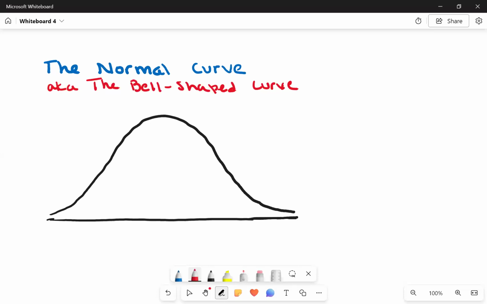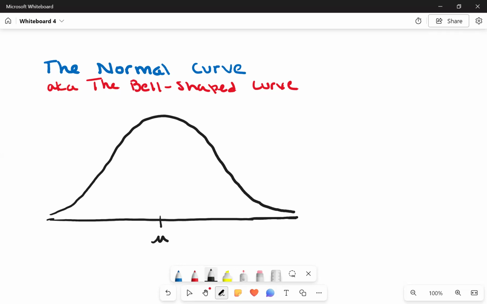Okay, so the first thing I want to point out with the normal curve is that the mean is actually at the center of the curve. So here is where the mean would be, either mu or x bar, whichever one we're referring to. And that is just discussing what the data is.